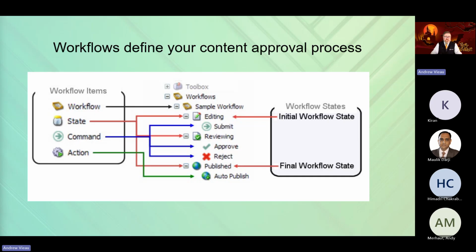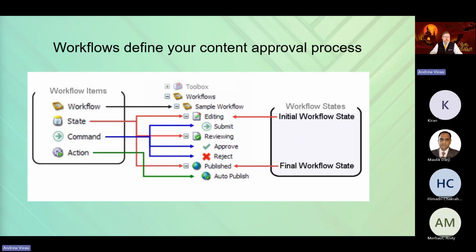Every state represents a step in the review process. So in this example, we have editing, reviewing, and published as our states. Commands move content between these states. So we can approve or reject a piece of content, which would either send it back to editing or move it to published. And then we also have actions assigned to our workflows, which can trigger API calls or webhooks when changes occur.